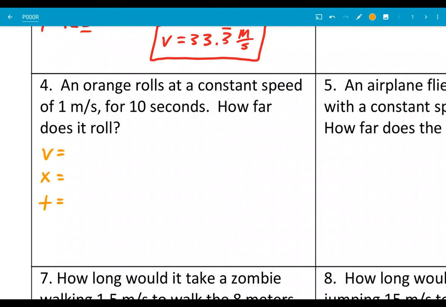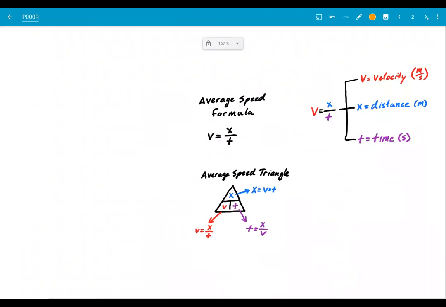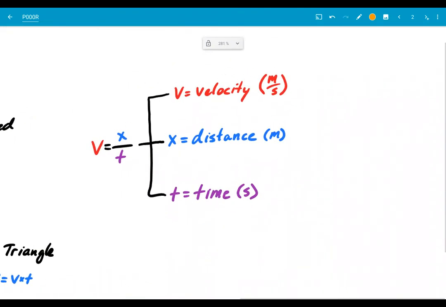We always write down v equals, x equals, t equals. Okay, we read the question. An orange rolls at a constant speed of 1 meter per second. Is that v, x, or t? If you're not sure, we can look back over here at our brace map and look at the units for each of those values and find the matching one. It said 1 meter per second.